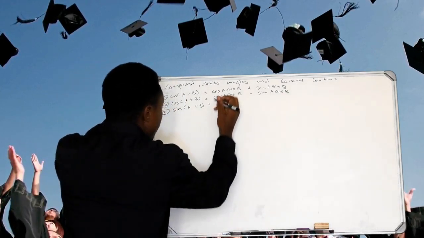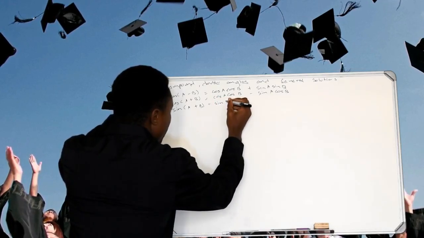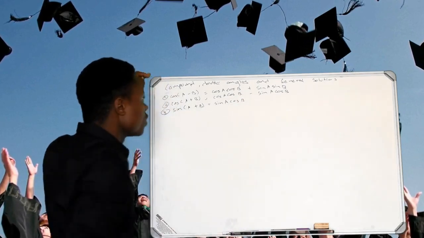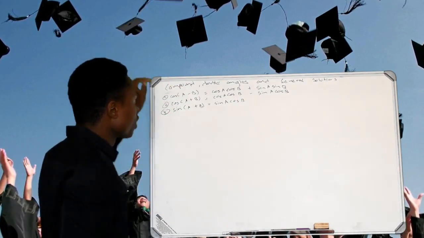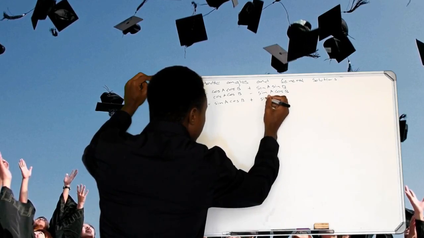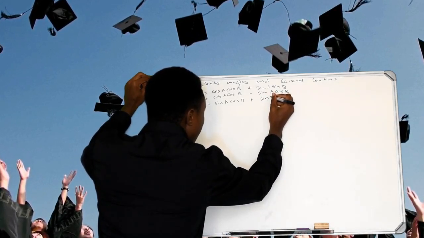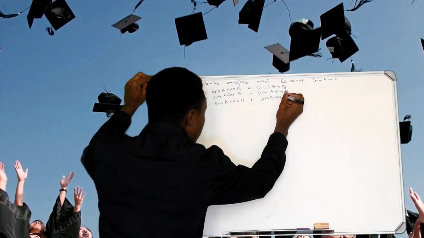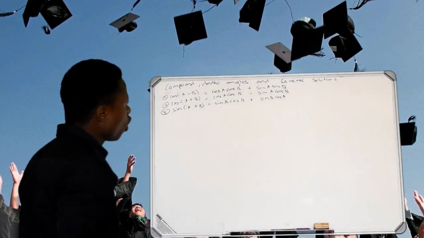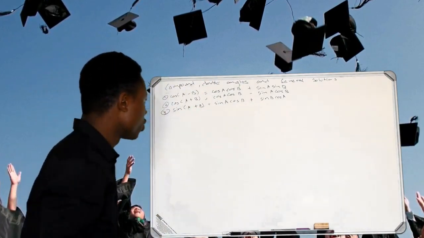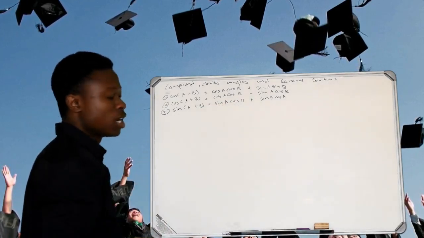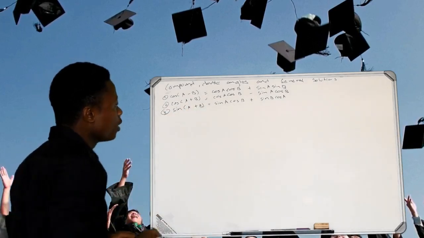The difference with this one is that instead of the same function on both sides, we have sine A and then cos B. The sign in between does not change, but instead of sine A again, it will be sine B cos A. So the sign in between doesn't change, but the angles do: sine and cos on one side, and sine and cos on the other with different angles.